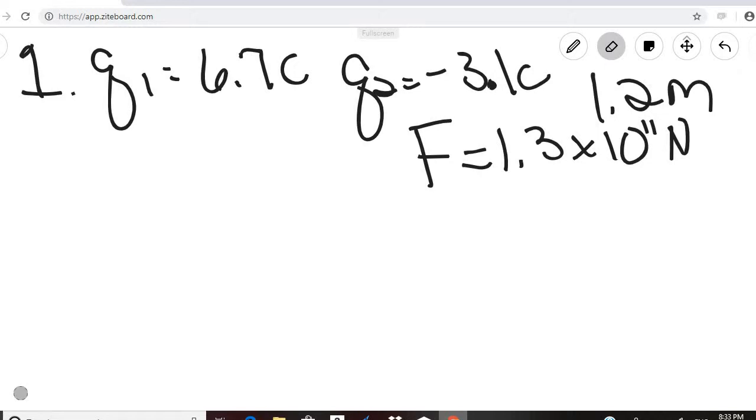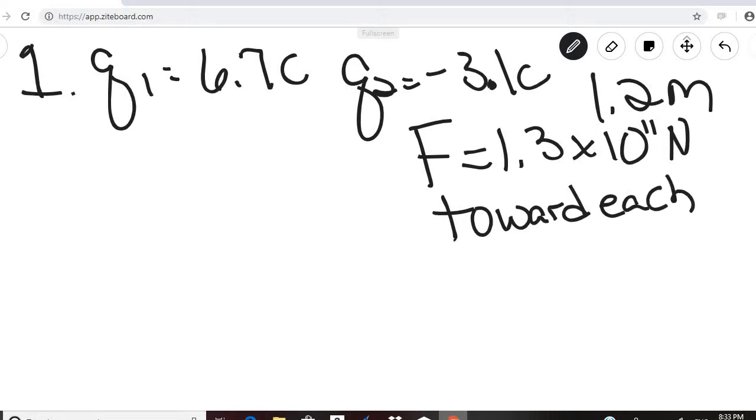So we would say the electrostatic force is 1.3 times 10 to the 11 newtons toward each other. Okay, so that is number 1.